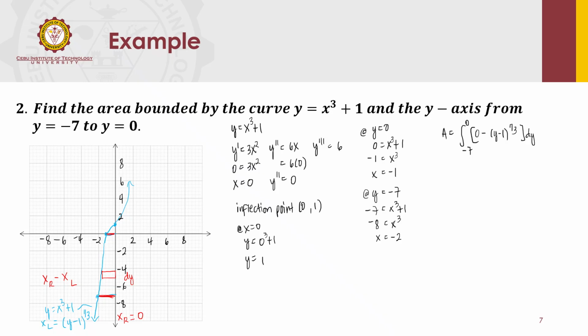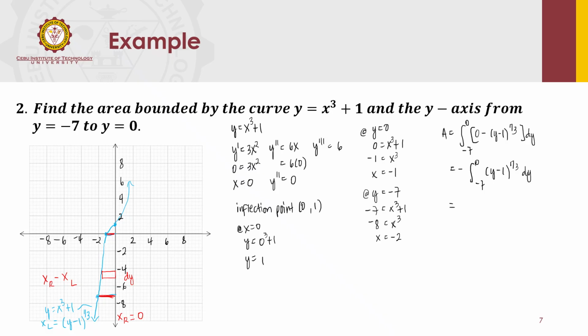So it's negative of y minus 1 raised to the power of 1/3 dy. If we're going to integrate this using simple substitution, u is y minus 1, so du is just equal to dy.